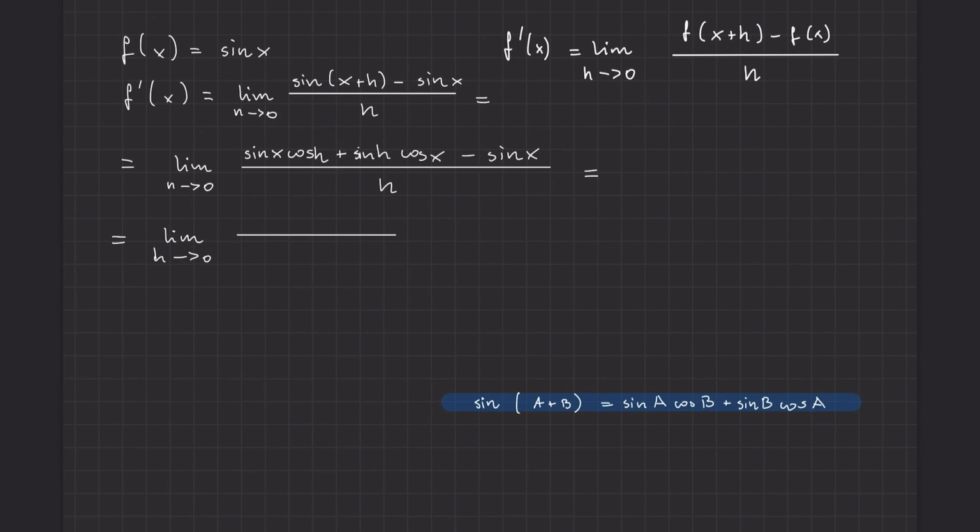And now we will have sine x and the bracket cosine h minus 1, and minus sine h cosine x, and this is not minus but plus.